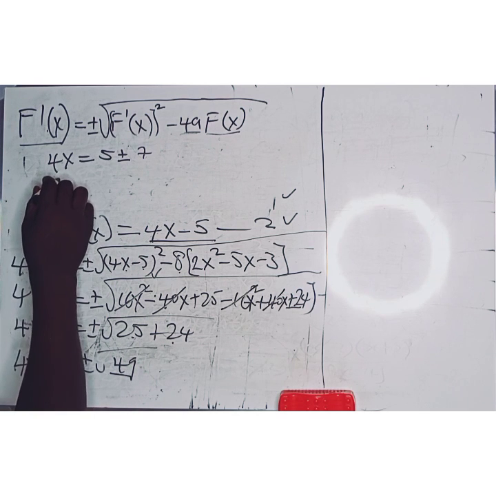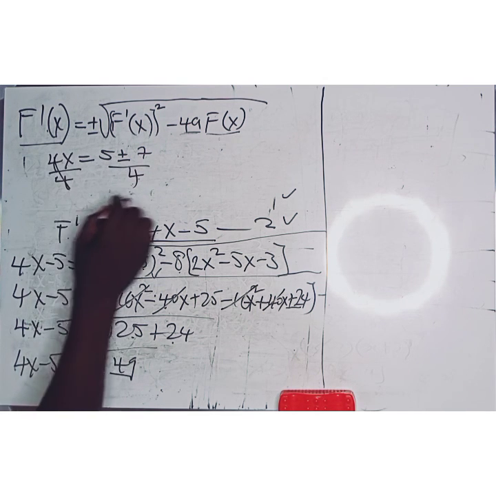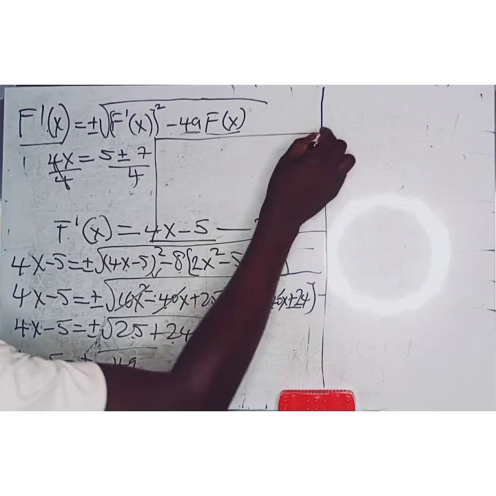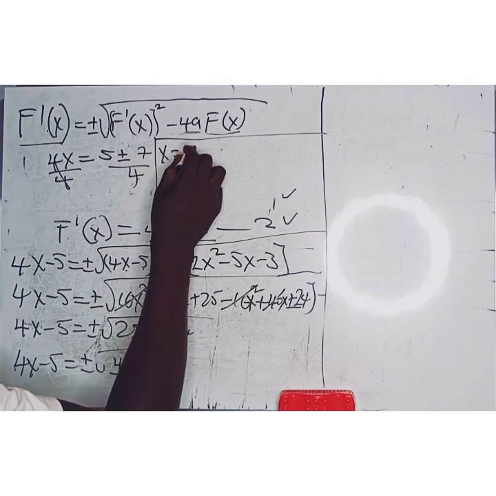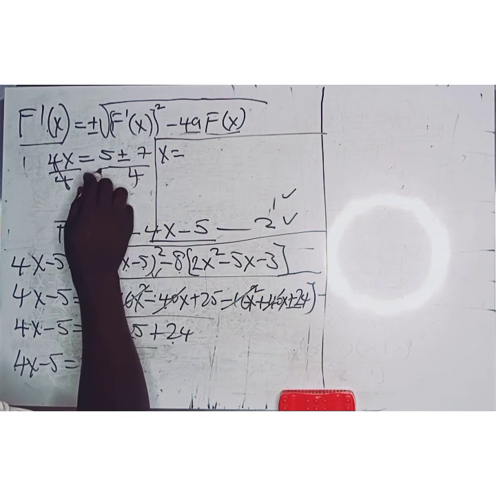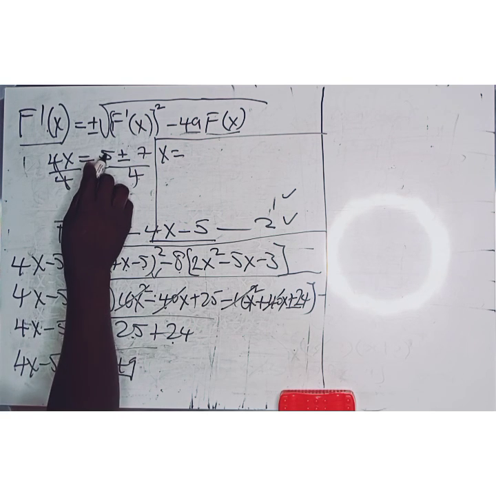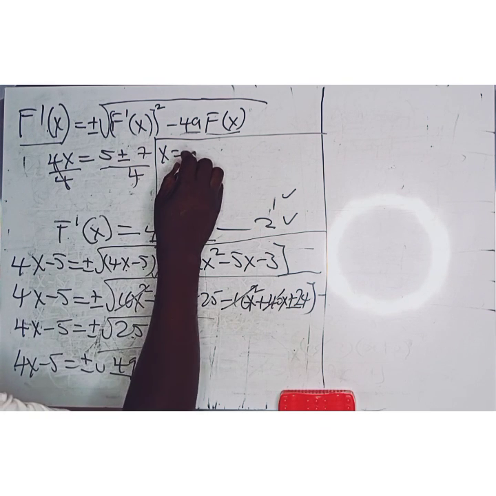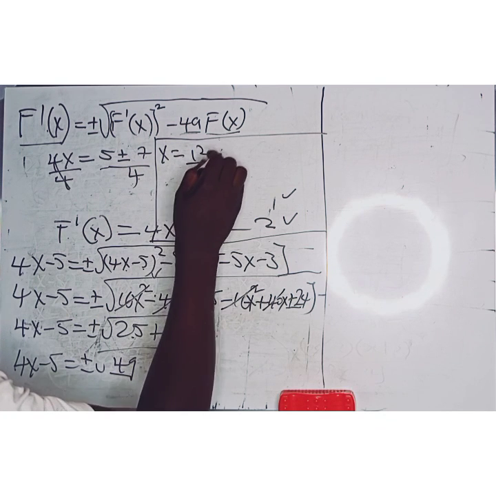Then I divide through by what? 4. I have x equals 5 plus 7 over 4. Now 5 plus 7 gives me 12, right? All over 4.